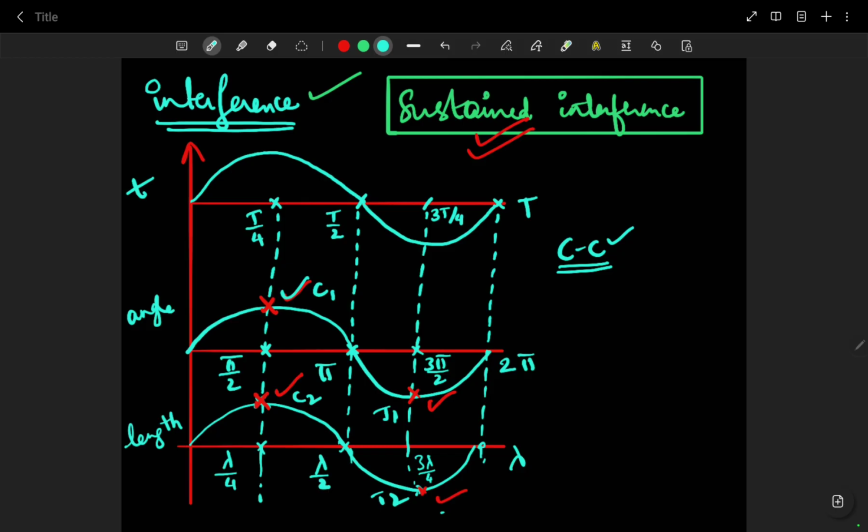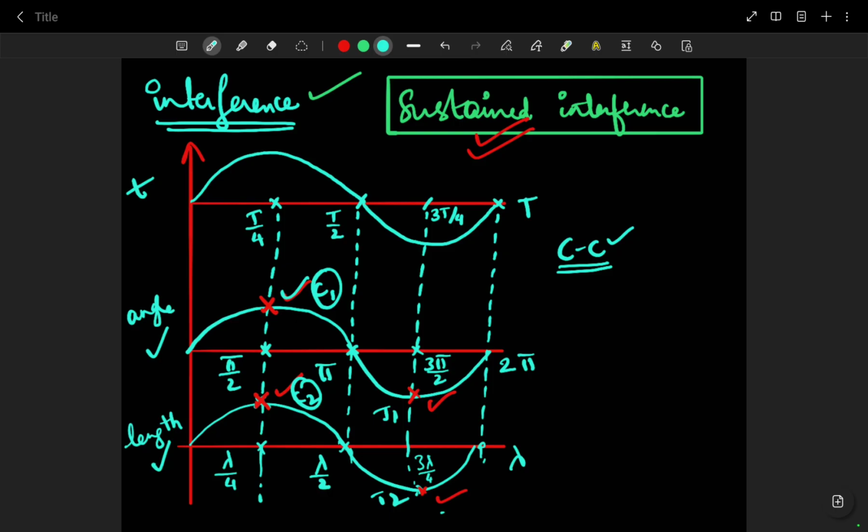How will they add up at that point of time? So when the crest of one wave aligns with the crest of another wave, like over here you can see, there is crest C1 and there is crest C2. These two waves actually have a phase difference of 0, right? Because they're aligning.